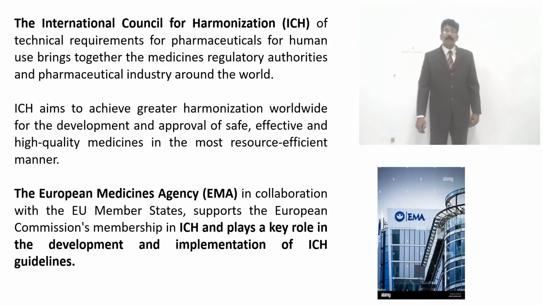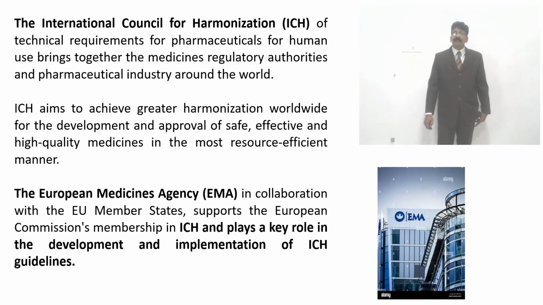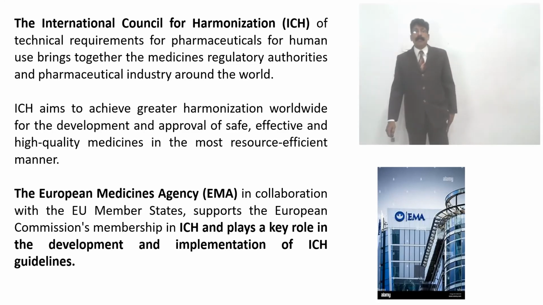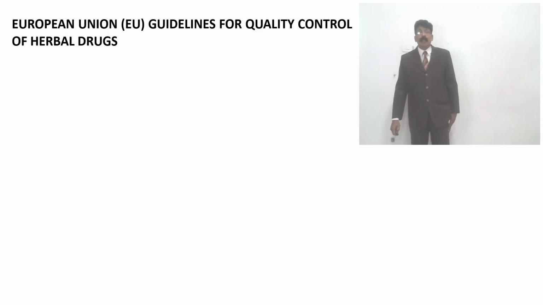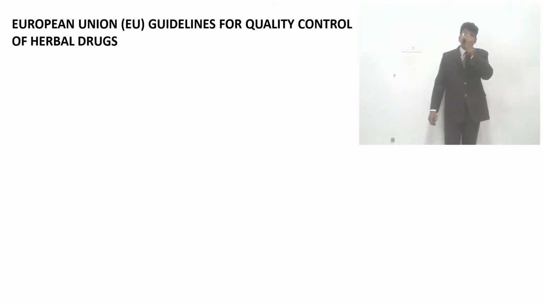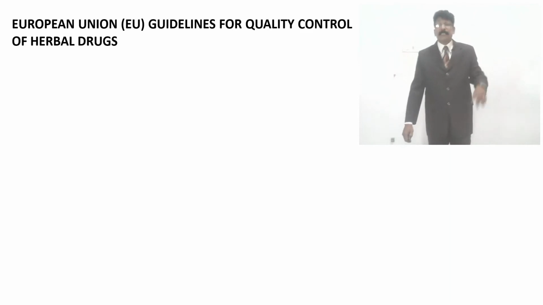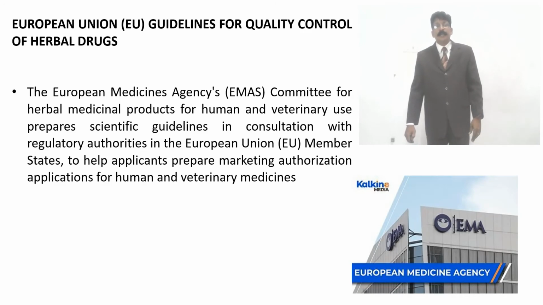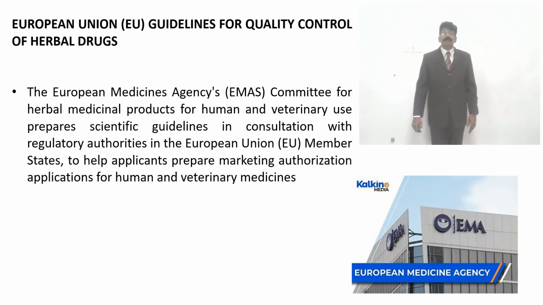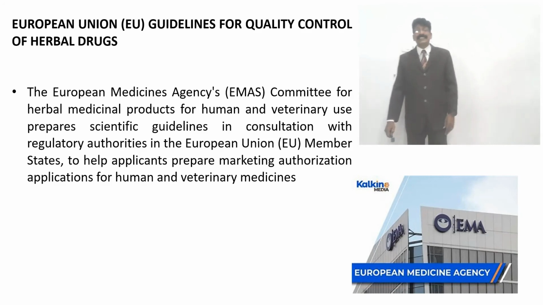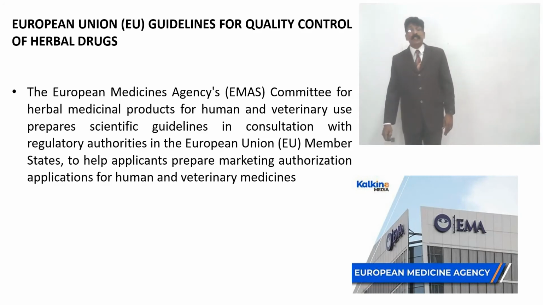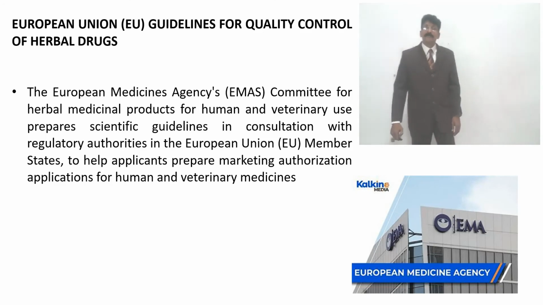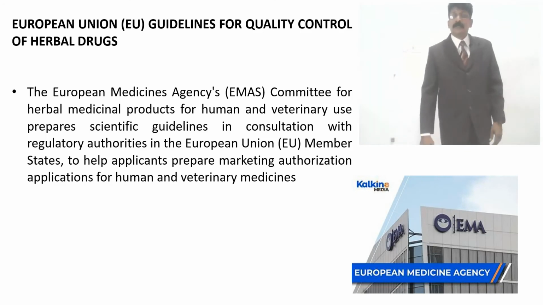So, we should know what is the main role of EMA. The European Union guidelines for quality control of herbal drugs have been given by the European Medicines Agency's Committee for Herbal Products for Human and Veterinary Use.